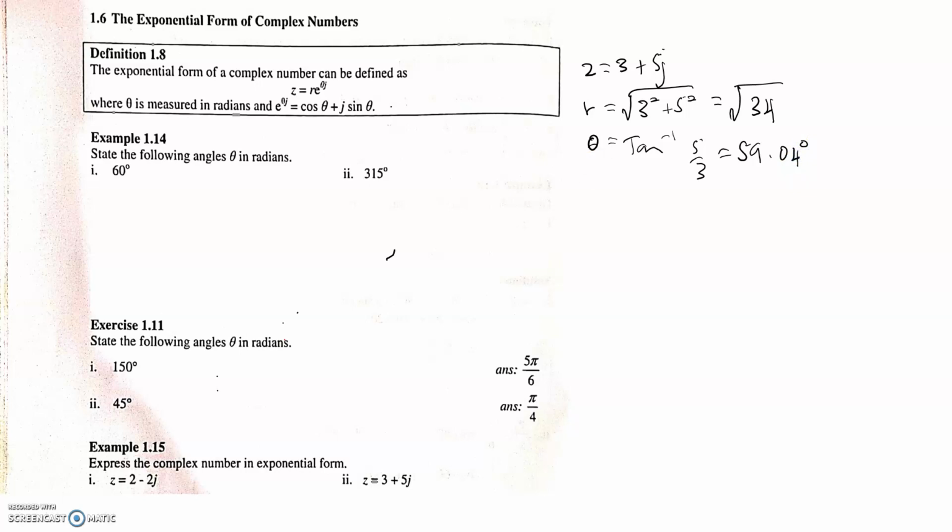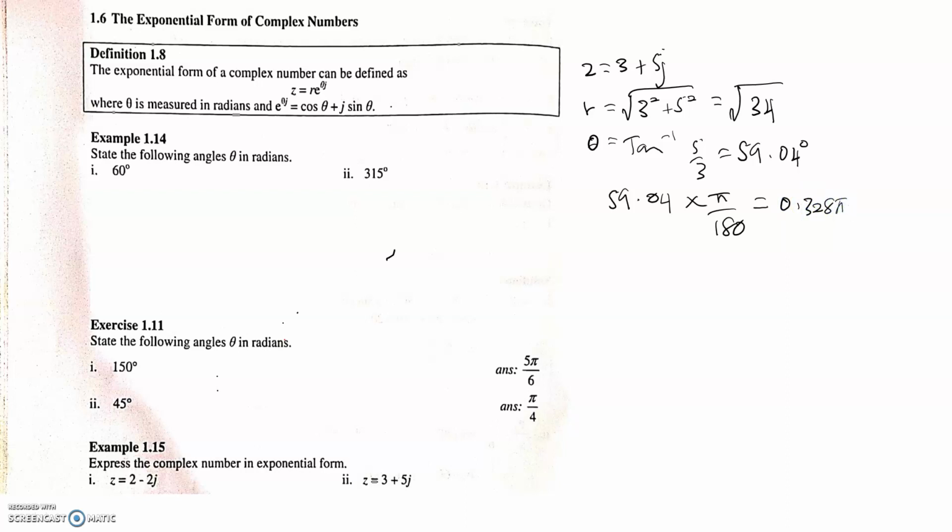Let's change it into the form of radians. 59.04 times pi over 180 gives 0.3285.